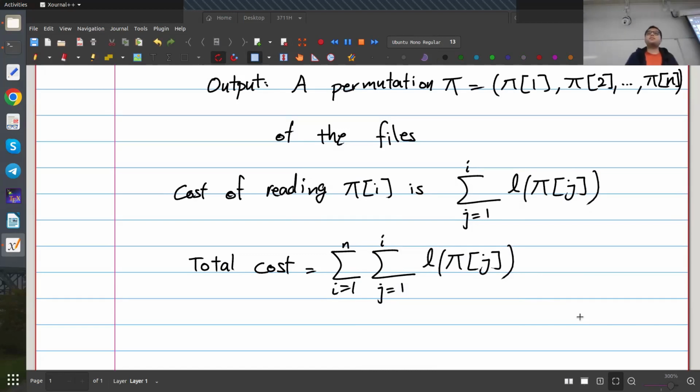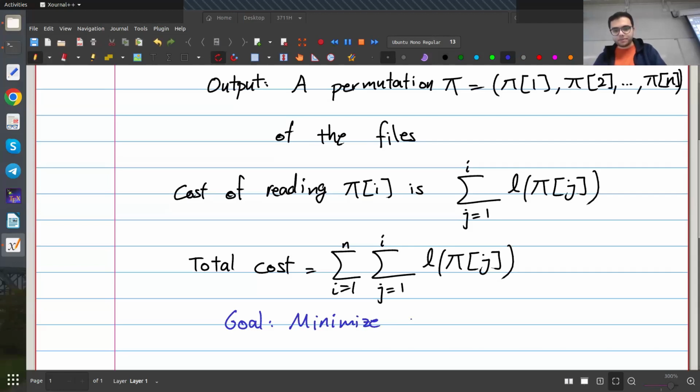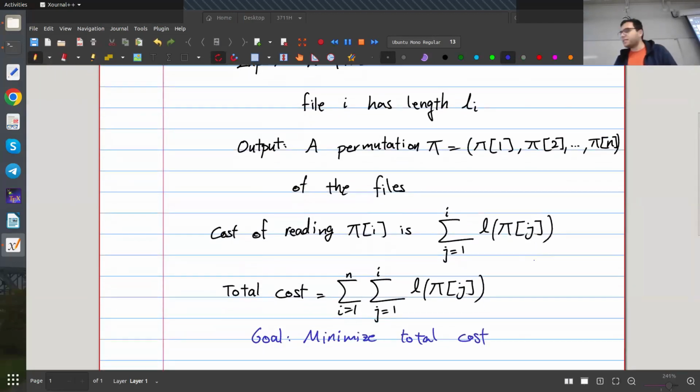I want to minimize the total cost that I'm spending to read everything. So that's my goal. Minimize total cost. So of course you have to output a permutation that gives me the smallest total cost. That's all. Okay. Now, where is the greedy aspect here?